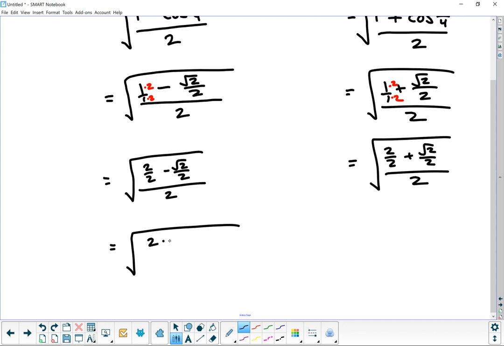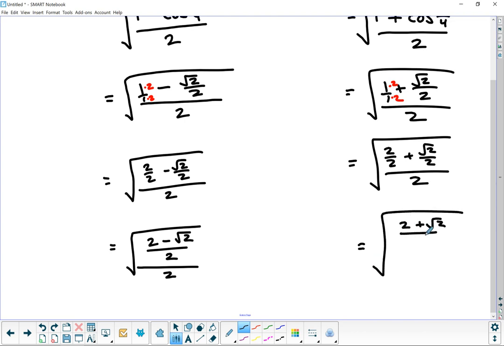So you would get 2 minus radical 2 over 2 over 2. And this one right here, 2 plus radical 2 over 2 over 2.